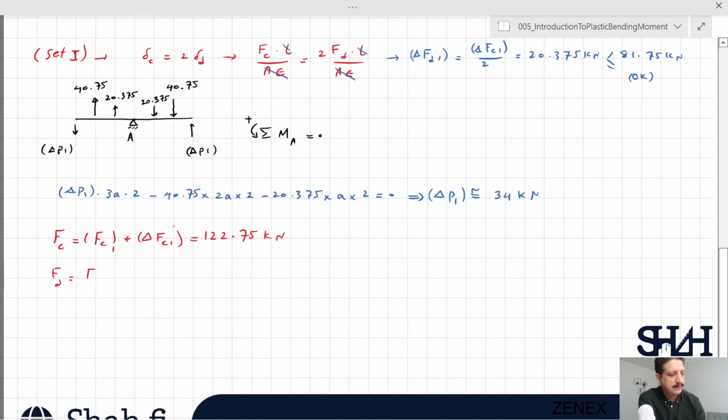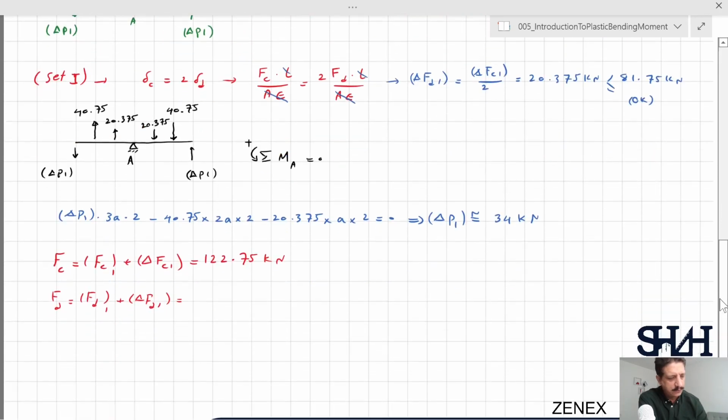F at D will be Fd at first increase plus delta Fd1, which was 41 kilonewton plus 20.375. So it will be 61.375 kilonewton. As far as this is in the yielding limit, delta at point C will be 0.625 millimeter.